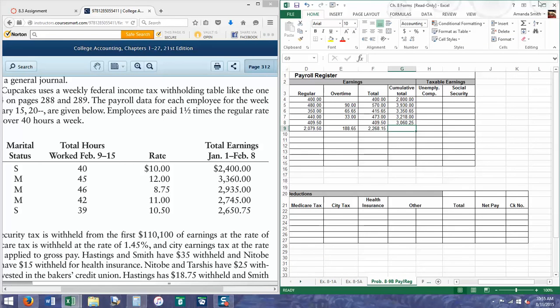And then again, you're going to have to total the columns. For the unemployment compensation and Social Security, it's actually going to be the amount of their total current pay.